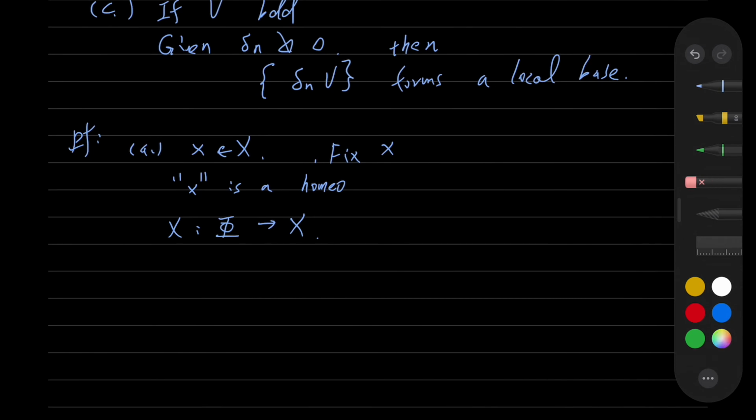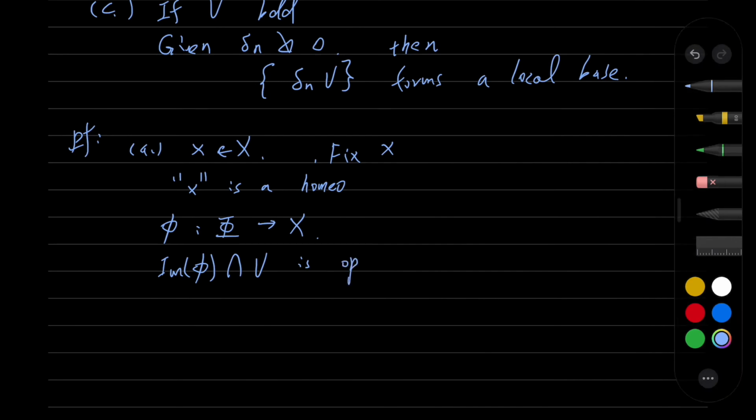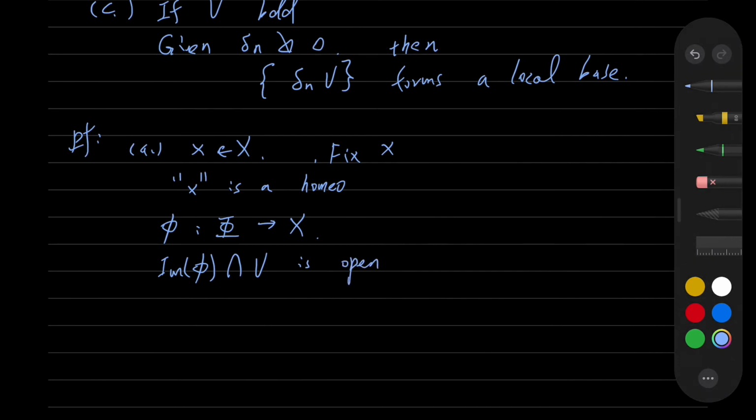So we look at the image of this function. Oh, it's actually very confusing. Let's write it as phi. Okay, so the preimage of V inside the scalar field is open and contains 0.